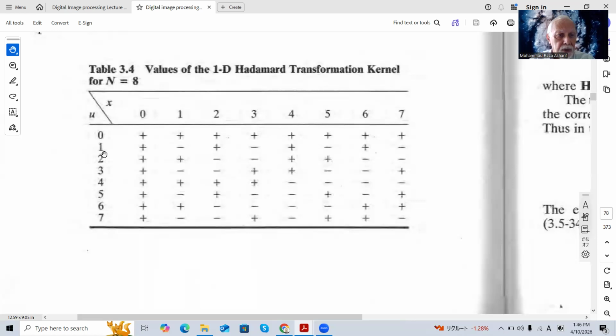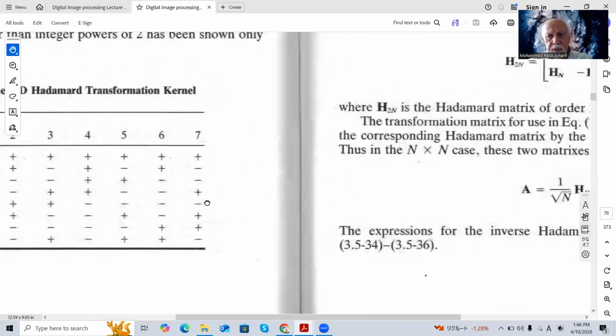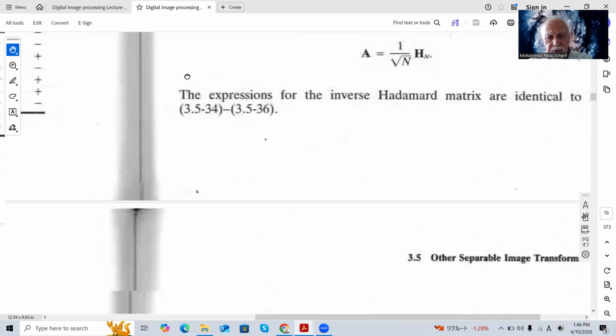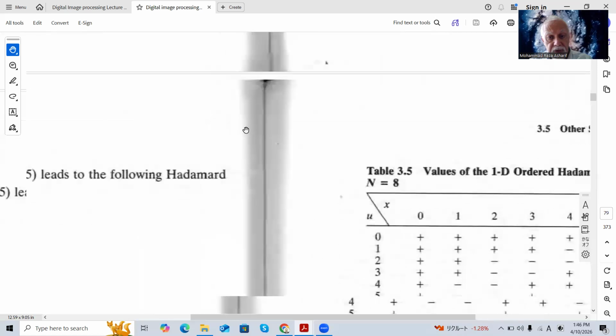So that is not ordered Hadamard. And so on. You can see the variation of the plus minus: 4 plus here, 4 minus here, or 1 plus minus, and 2 minus in the middle, and so on. And at last, plus and double minus, plus minus, and then double plus minus. This is the kernel computation for the one dimension.